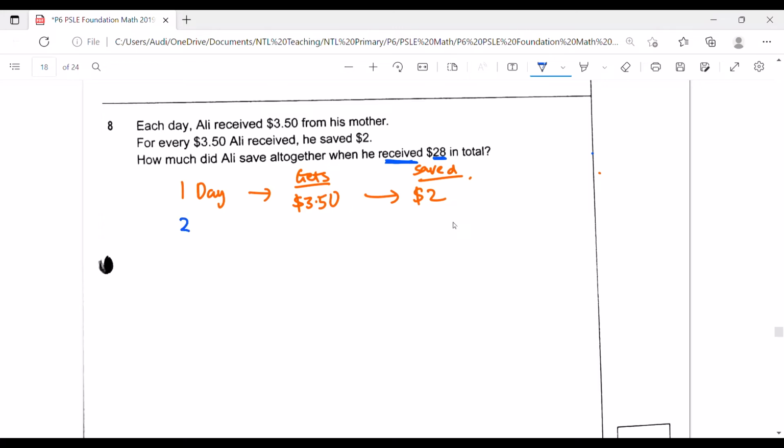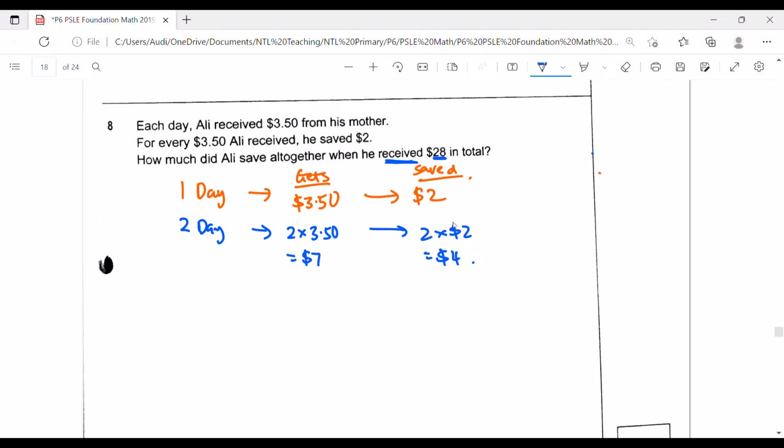If we look, day 2 would mean 2 times $3.50, 2 days, yeah? 2 times $2. And this is $7. And this will be $4. Do you see something?